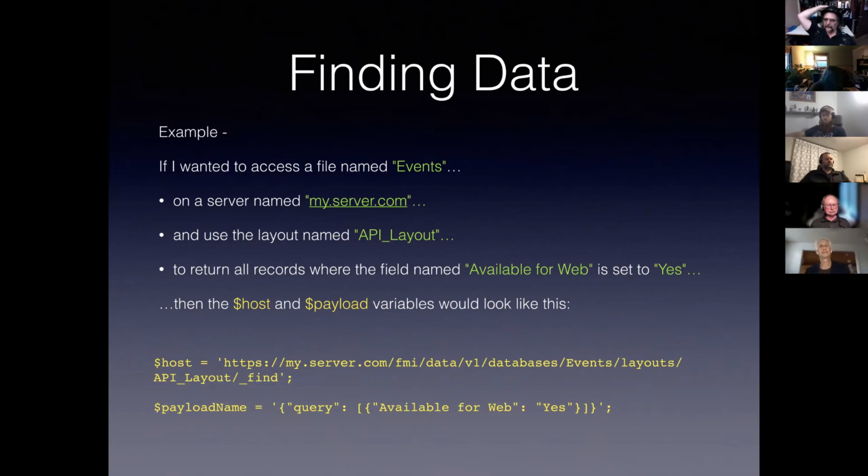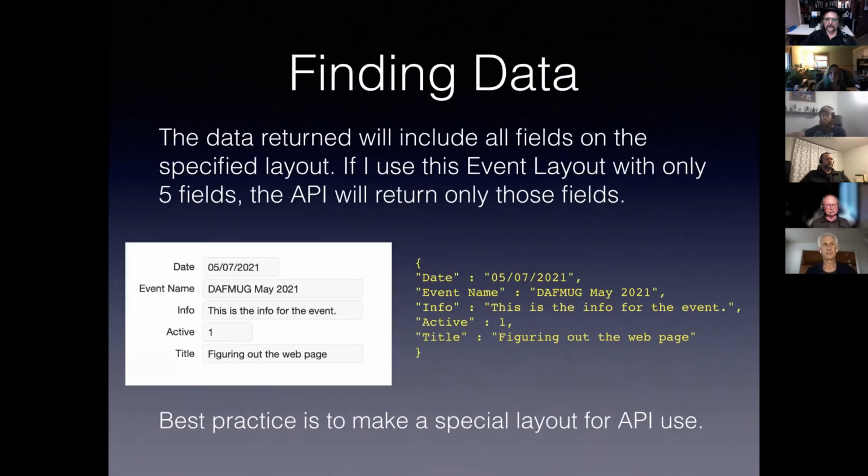I'd set the payload to that JSON query data. And then if everything's correct and I found some data, it's going to return the data it finds on that API layout.